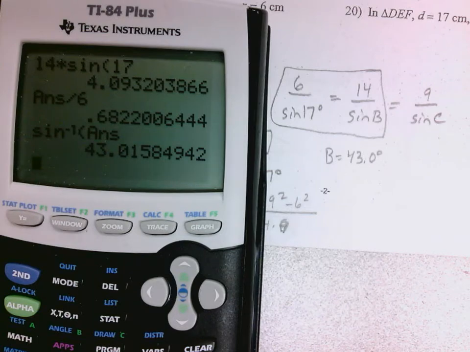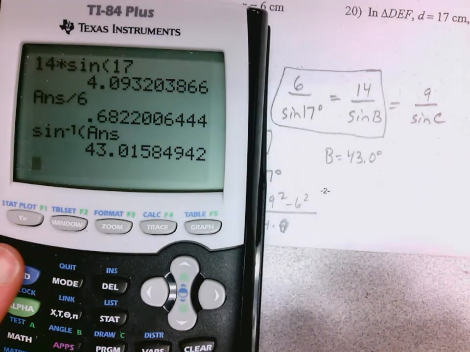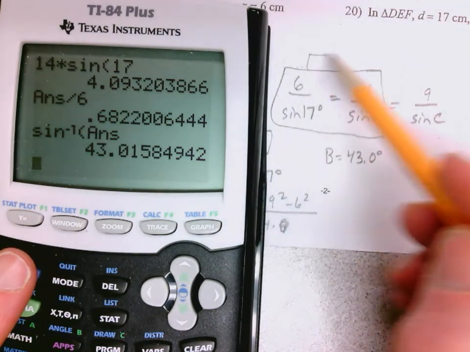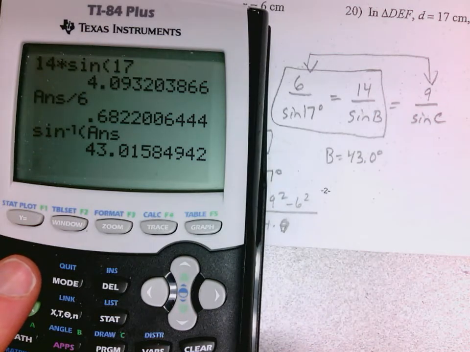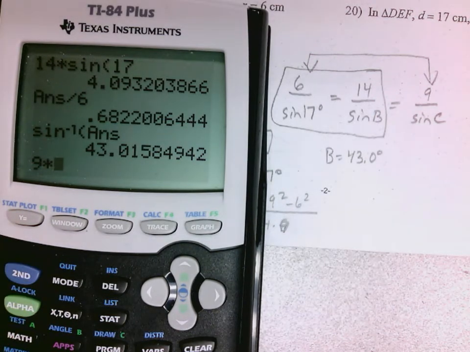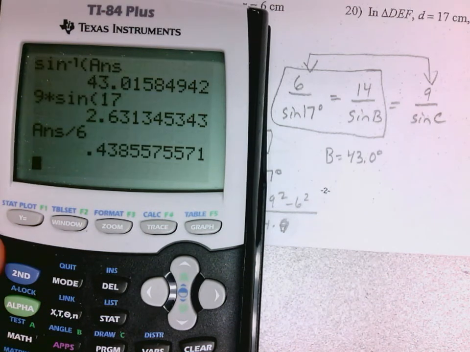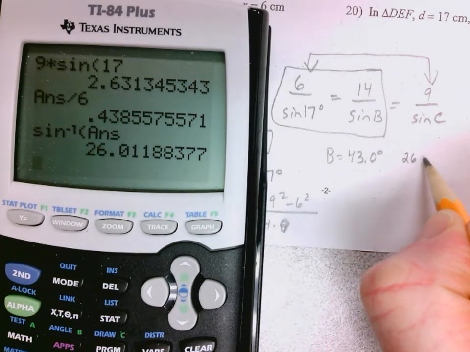And herein lies the trouble. Well, troubles. So let's do the other one just to see if it makes sense. I'm going to take 9 times the sine of 17 divided by 6 and do second sine of my answer, and that is 26.